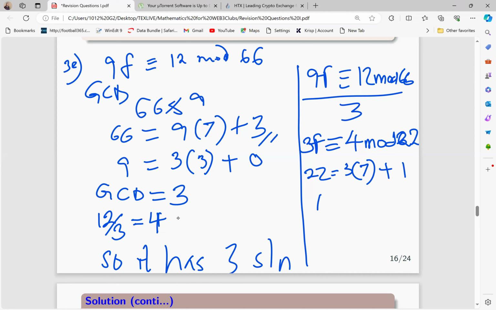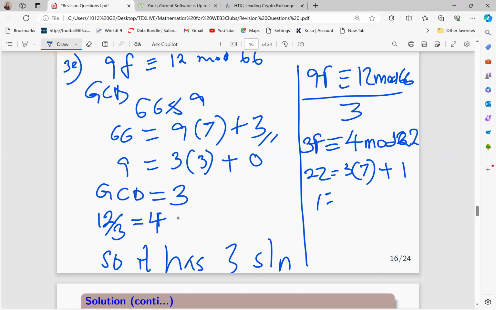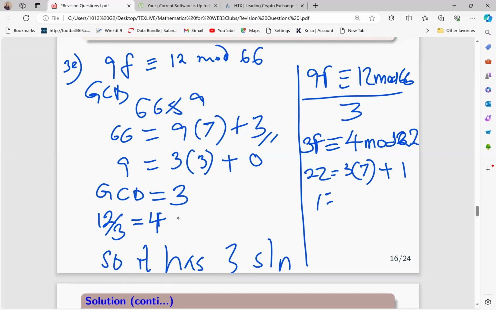One. 3 goes into 1 zero times. Yeah, 3 to 1.